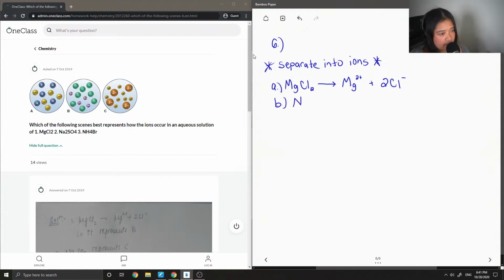Then we can do the same thing for this sodium sulfate. Separating it into its ions gives us 2 positive sodium ions, each with a 1+ charge. And then this sulfate ion has a 2- charge.